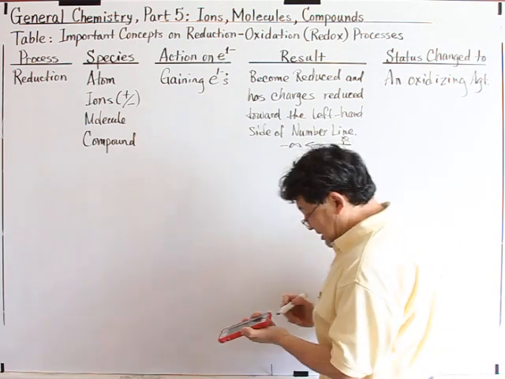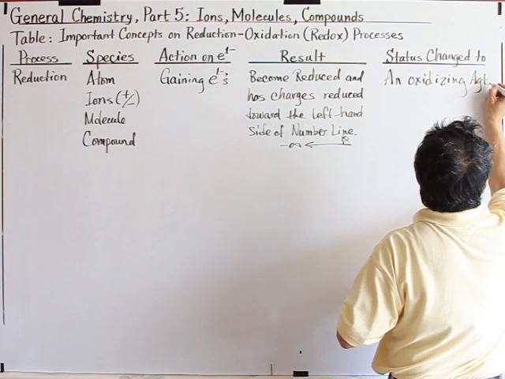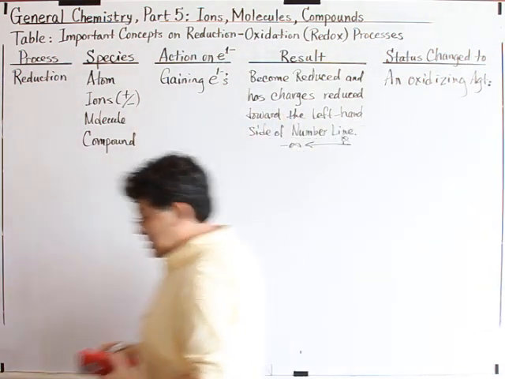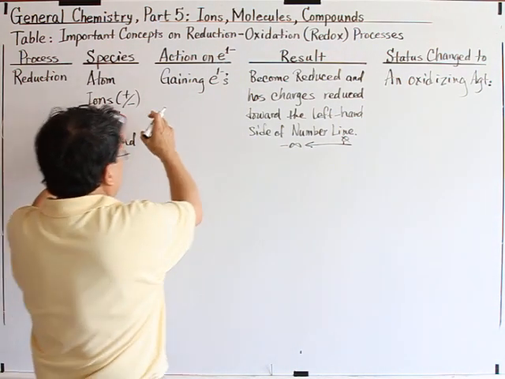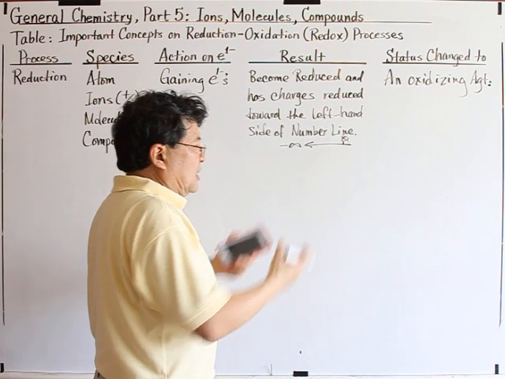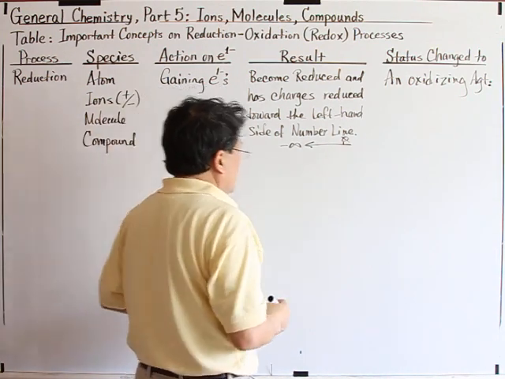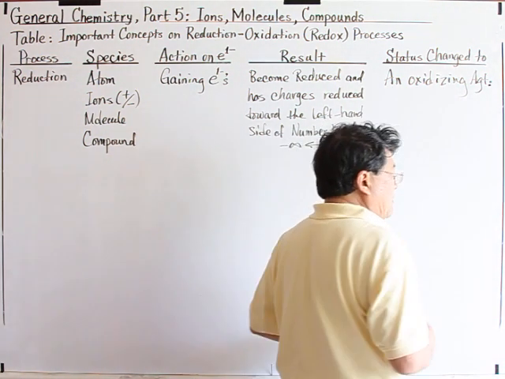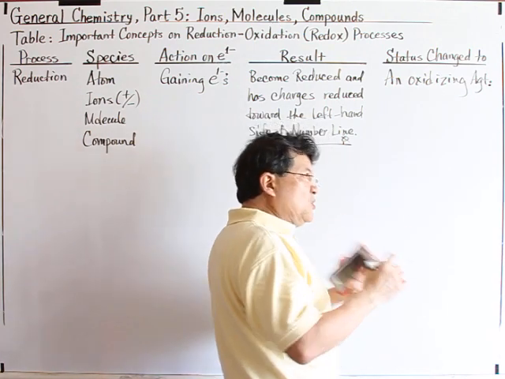Now what the oxidizing agent does: the electron from this species is getting stolen or lost, right? Or you gain an electron, you stole somebody's electron, in this particular case called reduction. And then when you take an electron from somebody, that one is not gaining but losing an electron.